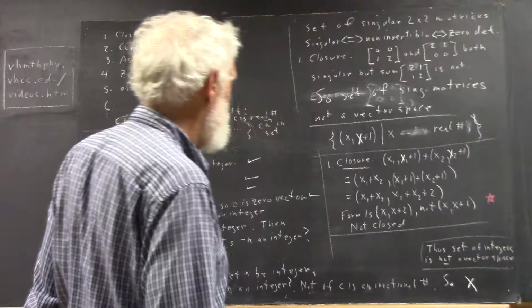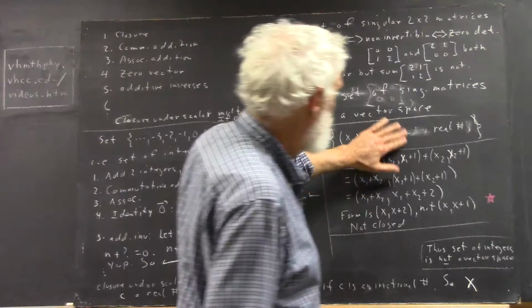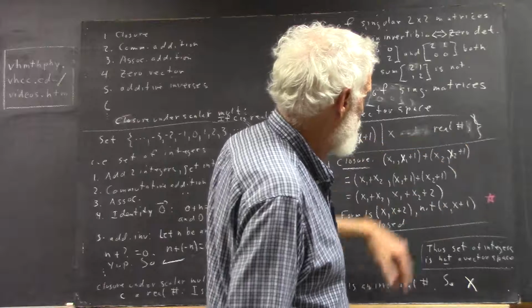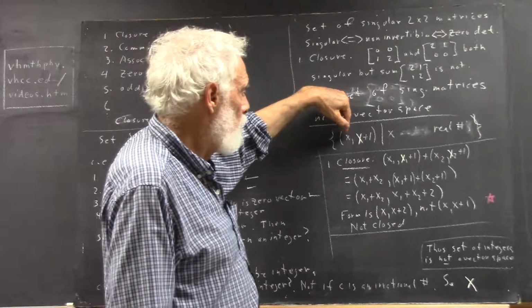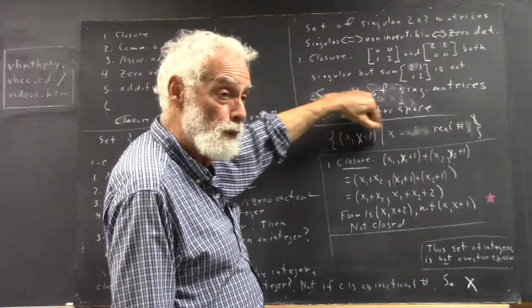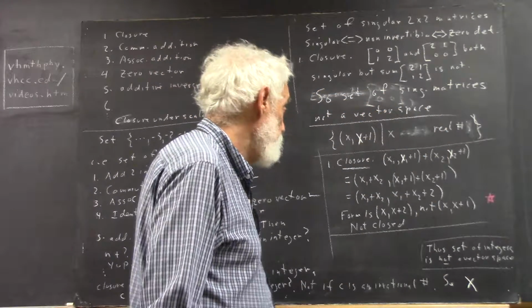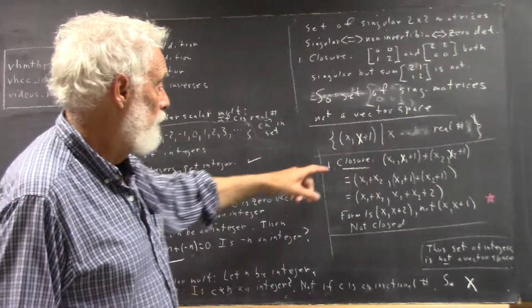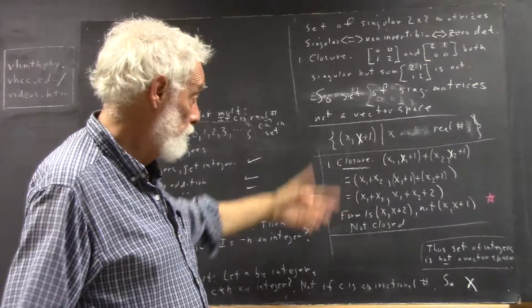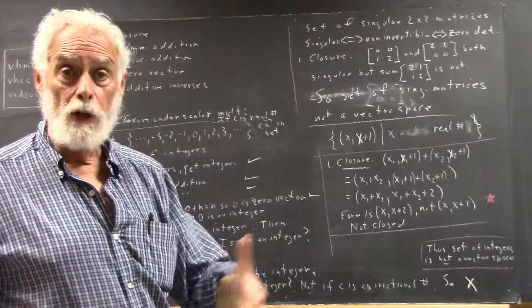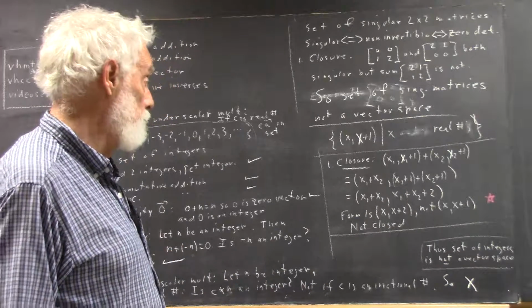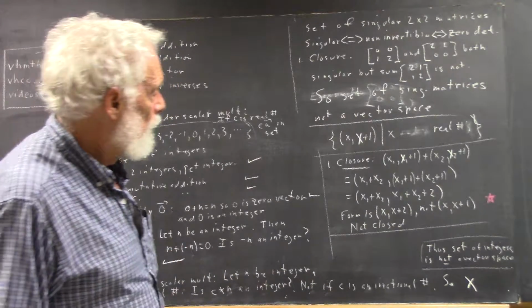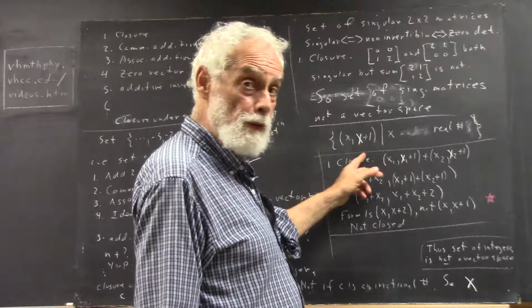How about this? It's a set of ordered pairs (x, x plus 1), where x is a real number. Is this closed? So again, we look at closure first. That is often where things fail. Closure is always a really good one to look at. So let's say we have two numbers of this form.